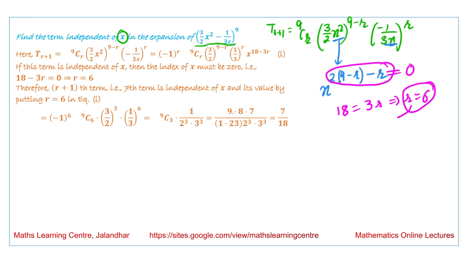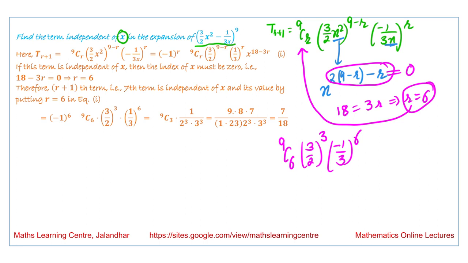Now if we substitute r = 6, the power of x is 0, so this term will become 1. So we will get 9C6 (3/2)^3 and next we will have (-1/3)^6.